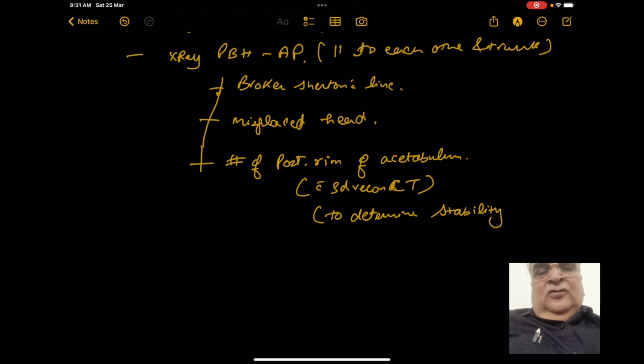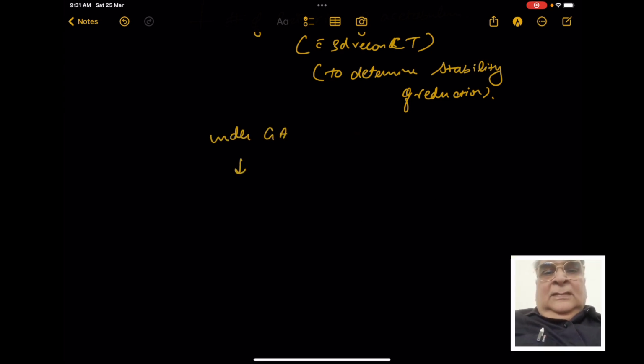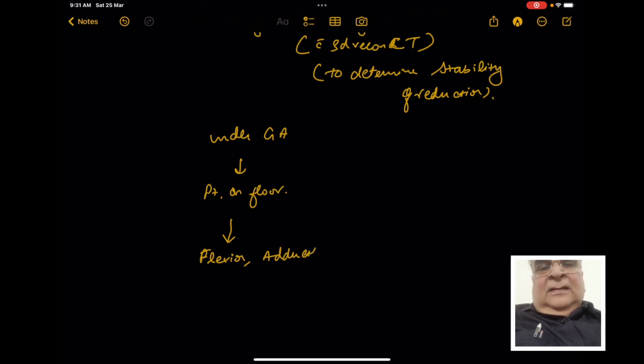Under anesthesia, the patient would be on the floor. We would produce the deformity, that means flexion, adduction, internal rotation, with the hip and knee at 90 degrees.